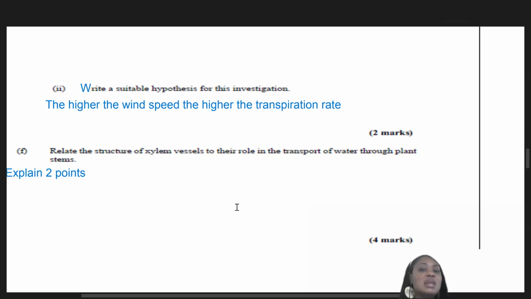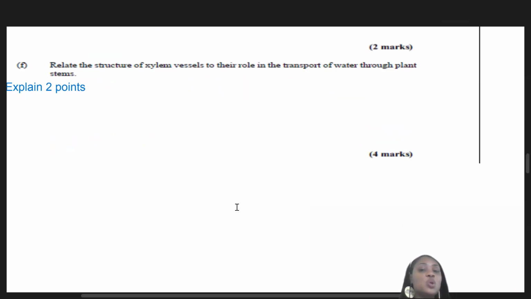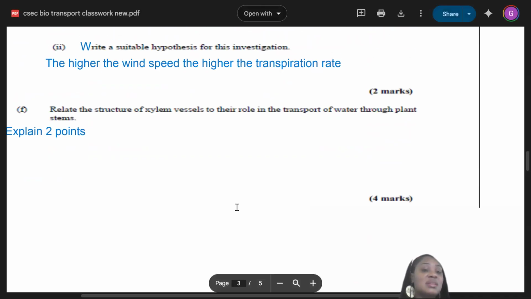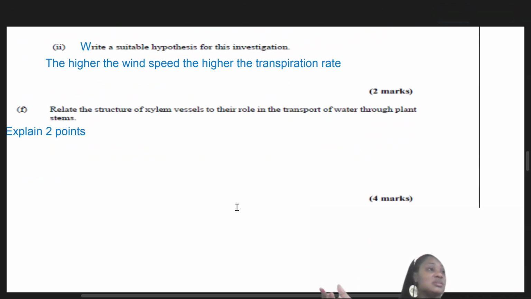Relate the structure of the xylem vessel to their role of water transport in plants. So the structure of the xylem vessel is that they're dead hollow cells. And that's good, but they're dead and hollow. It means that the water doesn't have much resistance. As if there were things inside of the xylem vessel, the water would have to be pushing past the contents of the cell. That would make it harder for water to move up.